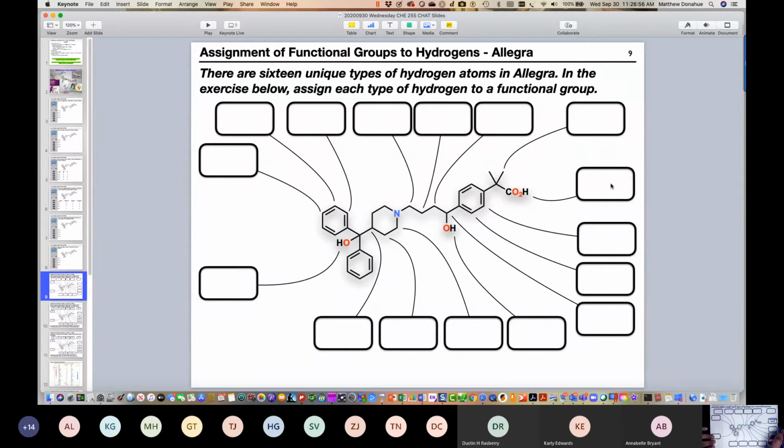So let's go up to this one now. I'm in the box above it. What functional group is this now? So these two, they're methyl groups. That is correct. But what's a more general name for that functional group? Like the broadest name you can think of.